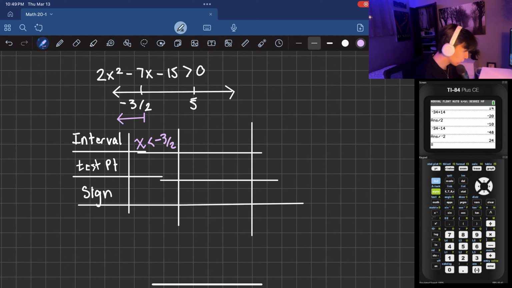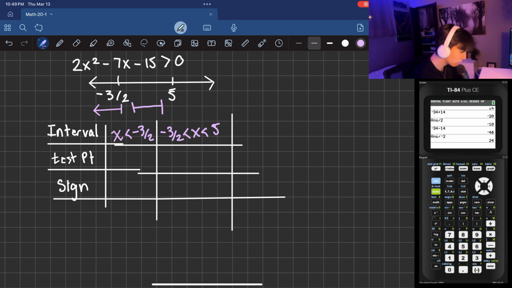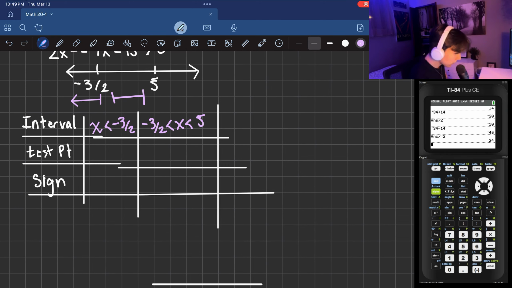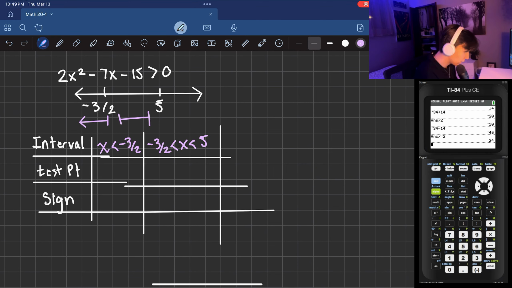Then you have the second interval, between -3/2 and 5, so -3/2 is less than x less than 5. And then you have your final interval on the right, where x is greater than 5. So these are the three intervals of your line.